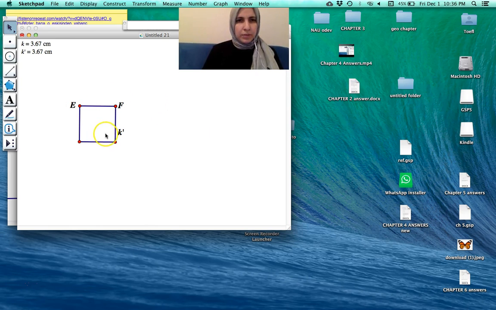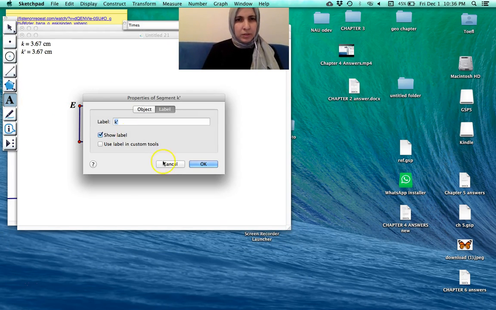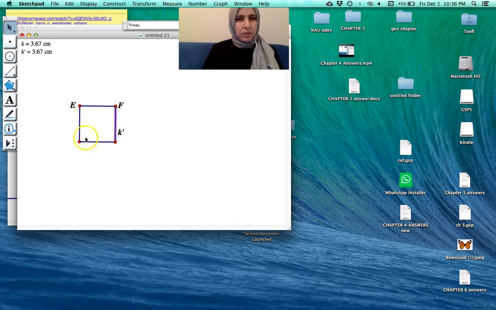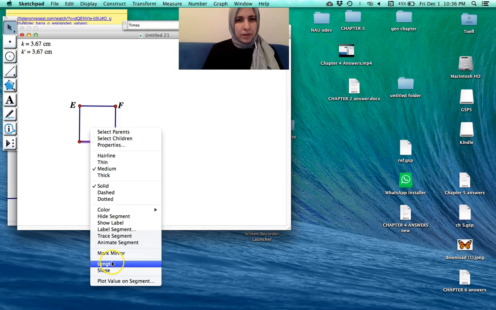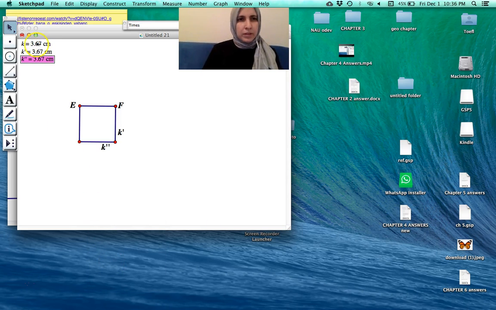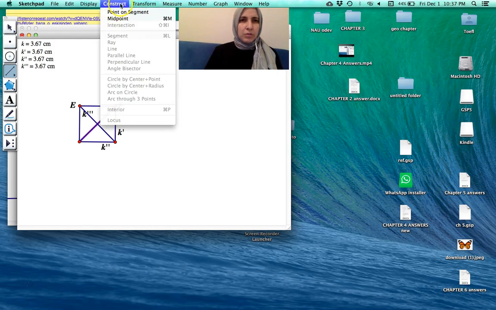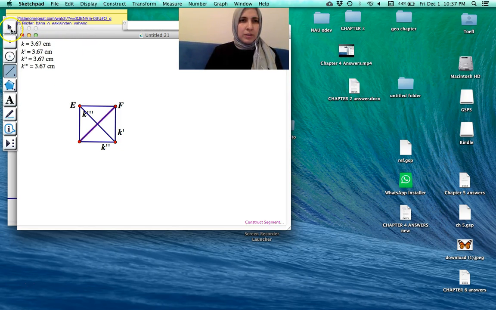Yes. Let's find the length of them. Great. The third one also equals the other ones. The last one, all of the lengths of the lines are 3.67 centimeters, and as you see, it's a square, and diagonals are the symmetry lines of the square, and also I can say it.